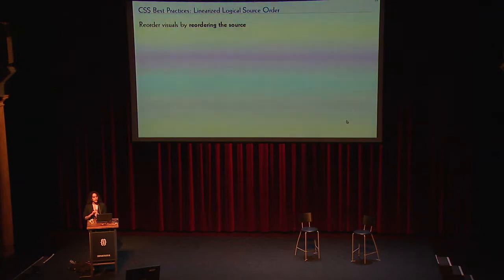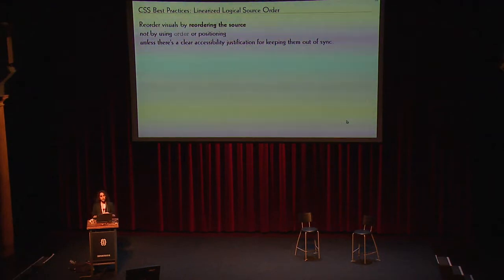Please, when you are reordering your visuals, reorder the source, not by using order or positioning or a grid layout or reverse flex, unless there's a reason that you want to keep the visual order and the logical order out of sync. So linearized logical source order. That's like, if you were going to read the page, what order would you read it in? That's the order that should probably be in the DOM.